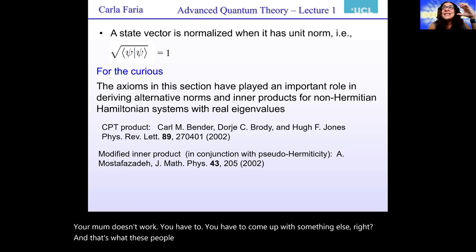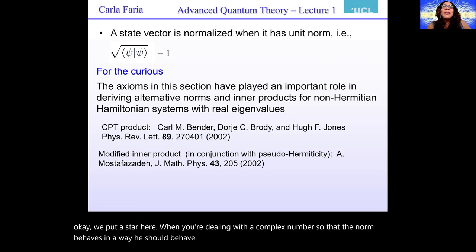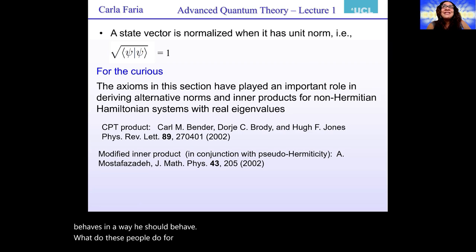Okay, how do these axioms hold? Like the people who said, okay, we put a star here when you're dealing with a complex number so that the norm behaves in a way it should behave. What do these people do? For instance, if you're curious, Bender, Brody, and Jones defined the CPT product.